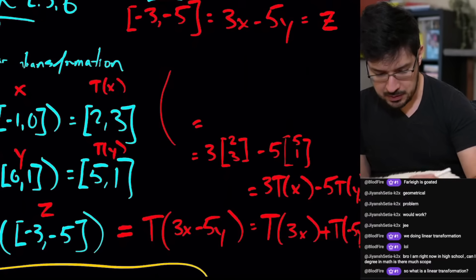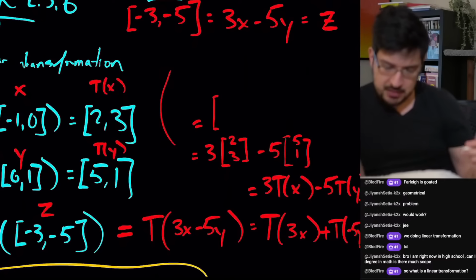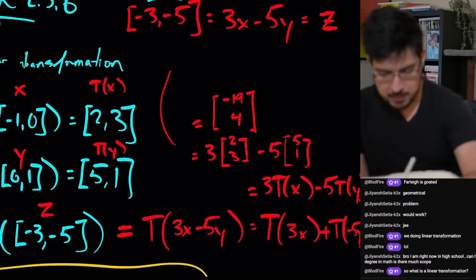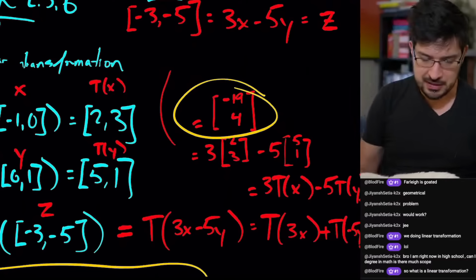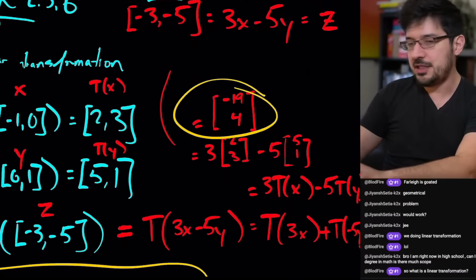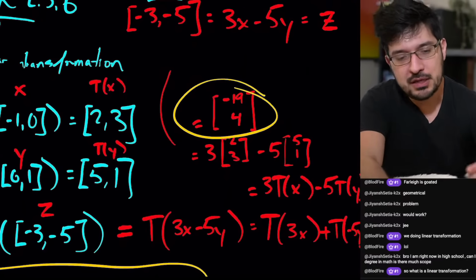And now we just do our nice little arithmetic. So we got 6 minus 25 is negative 19, and 9 minus 5 is 4. Pretty confident that that's going to be the answer, but number 6 is not in the back of the book. But I'm pretty confident that I got at least the general idea of that problem correct. Maybe there was a typo somewhere, but who knows.